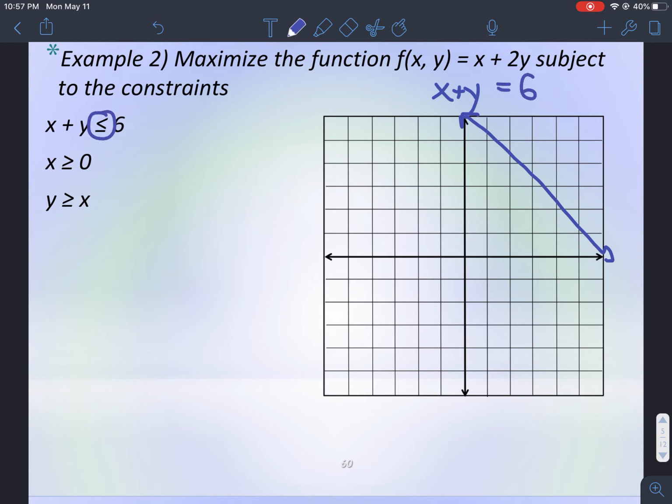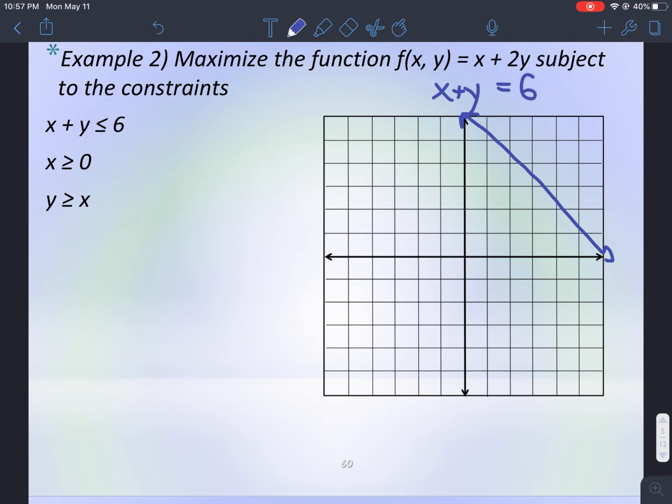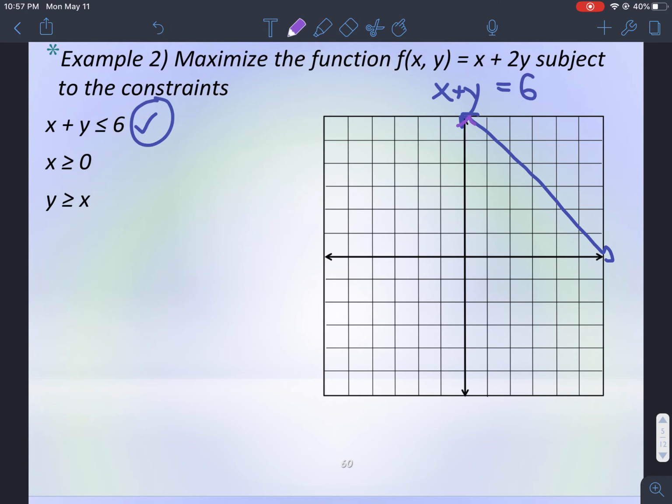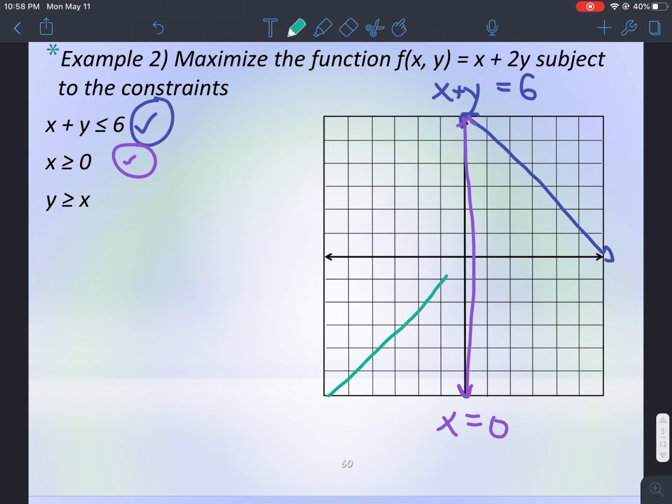And also notice that these lines are going to be solid lines because these are all greater than or equal to or less than or equal to. So check. x is greater than or equal to 0. y is greater than or equal to x. Check.